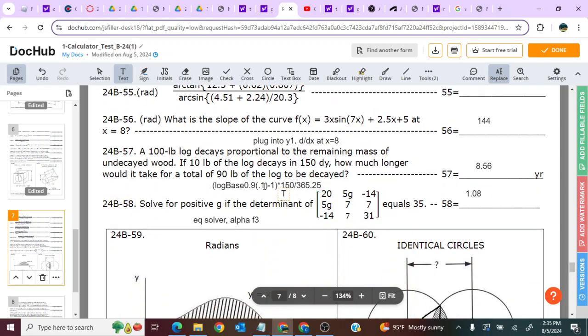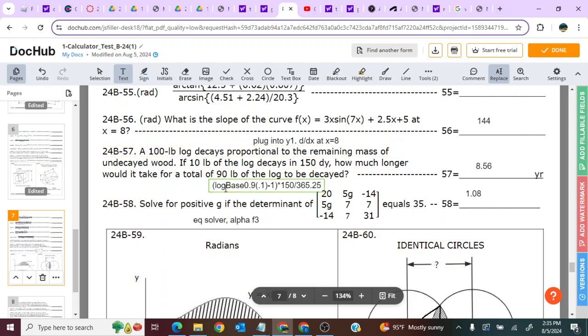Okay, a 100-pound log decays proportionally to the amount of remaining mass. If 10 pounds of the log decays in 150 days, how much longer would it take for 90 pounds to be decayed? When it says it's proportional to the remaining mass, or basically when something decays proportionally to the value you're measuring, this basically means it's an exponential problem.